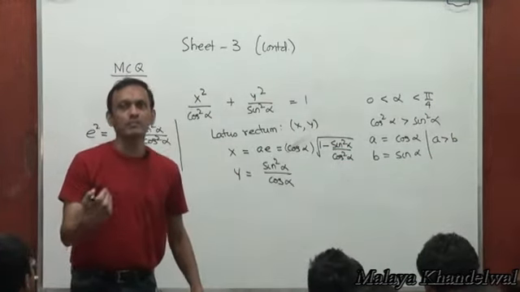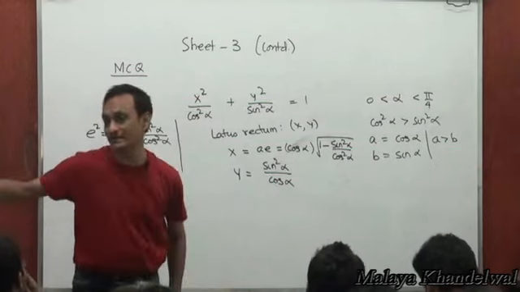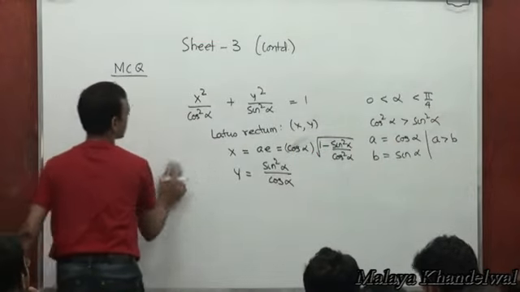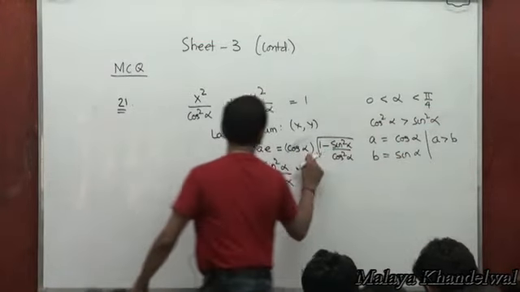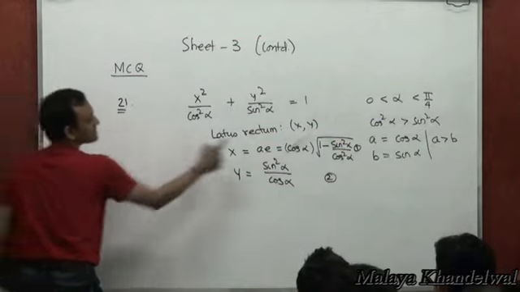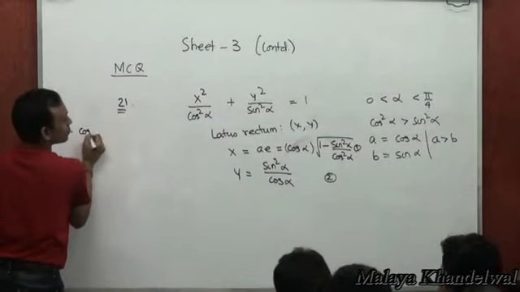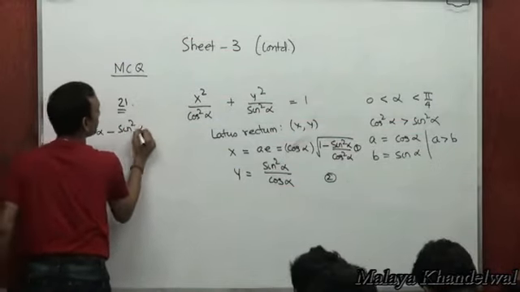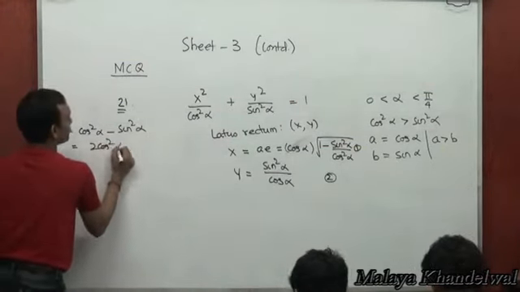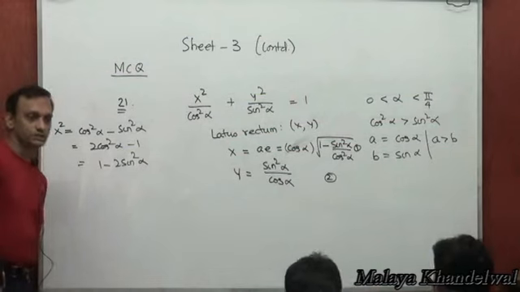I need to connect x and y by eliminating alpha, and that would be the locus of the ends of the latus rectum, right? Okay, so now let's do that. From equation 1, realize that x squared becomes cos squared alpha minus sin squared alpha, which is 2 cos squared alpha minus 1, which is the same as 1 minus 2 sin squared alpha, right?